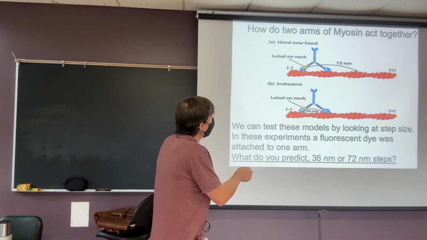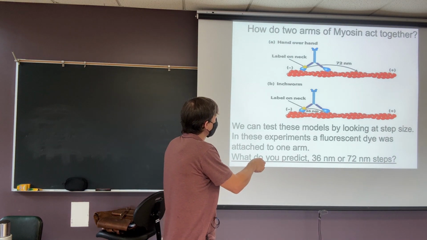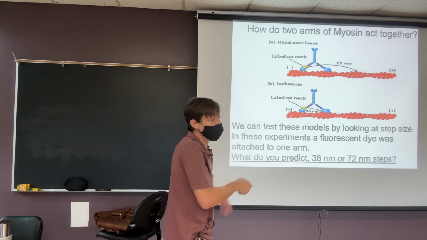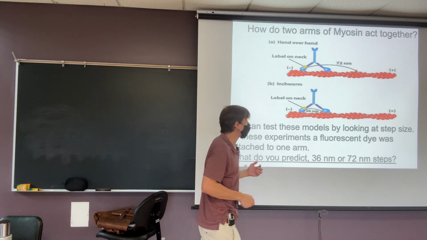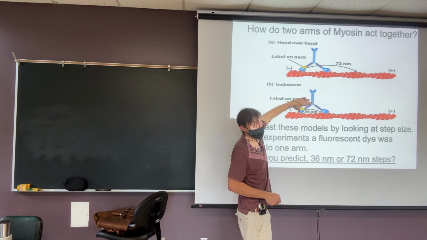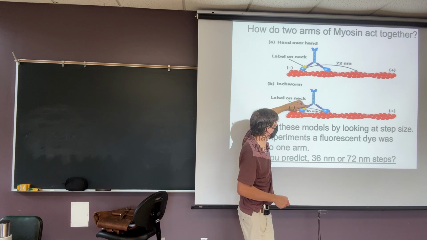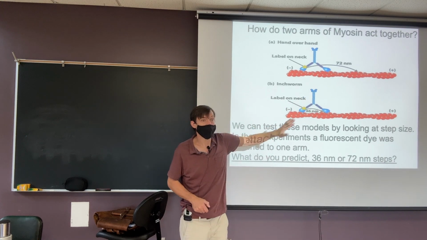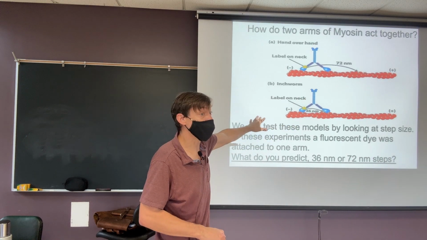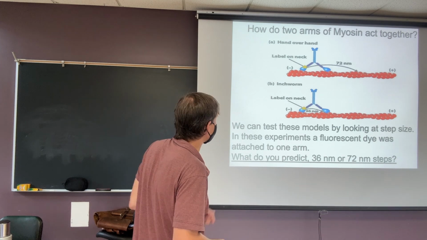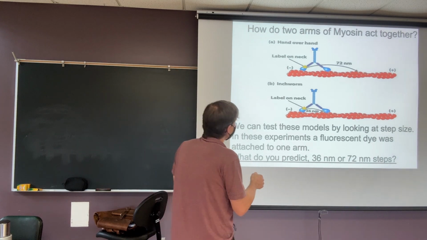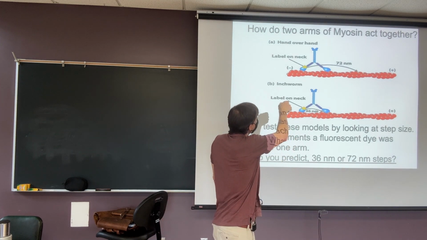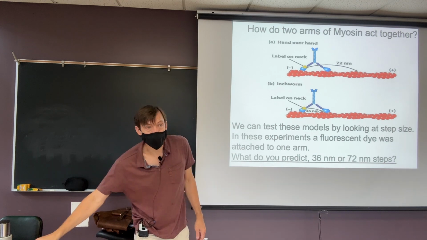In those first experiments, the ones we were just looking at with laser tweezers, we were looking at just single head-neck regions. This is the whole system together. As I mentioned, there's a hand over hand model.